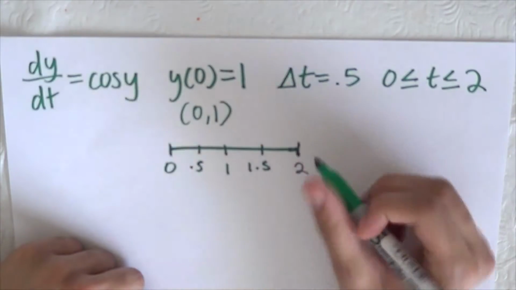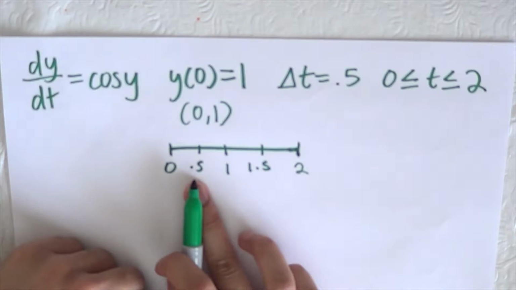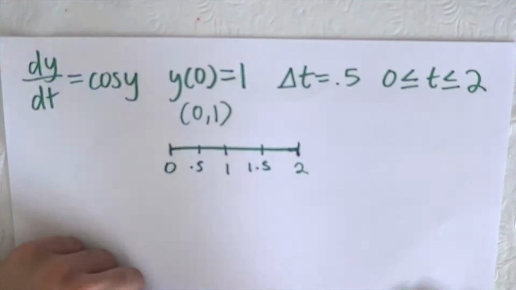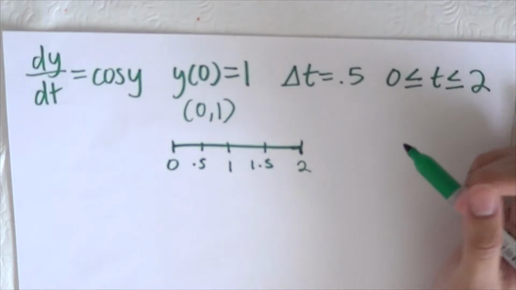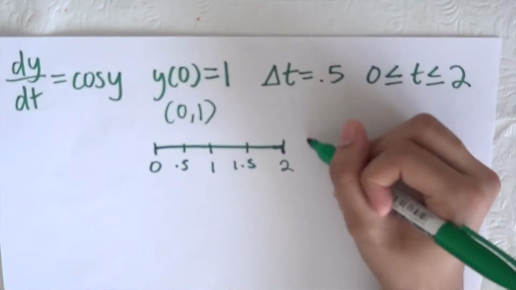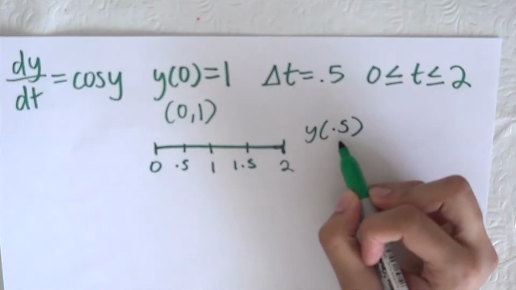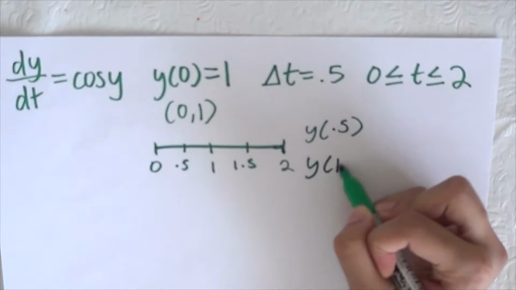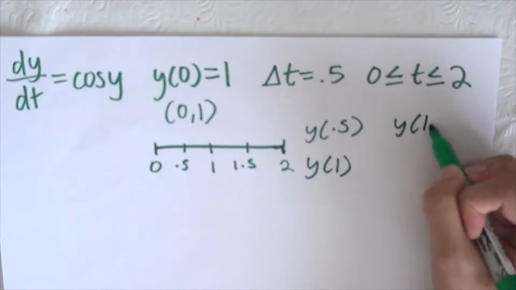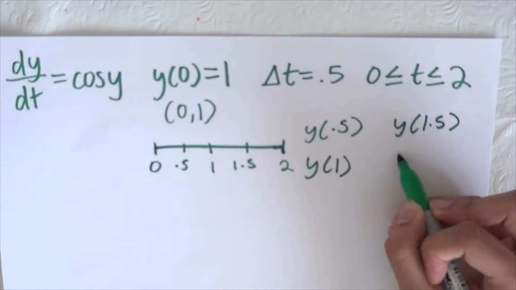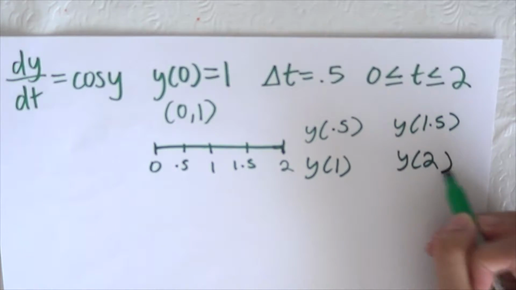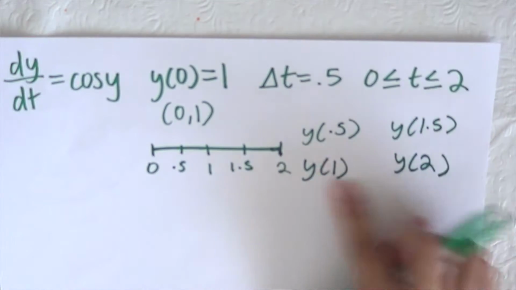These are the t values that we'll use, starting with 0.5, and we'll plug them into our Euler's method equation to approximate these values. So we'll be finding y of 0.5, y of 1, y of 1.5, and y of 2.